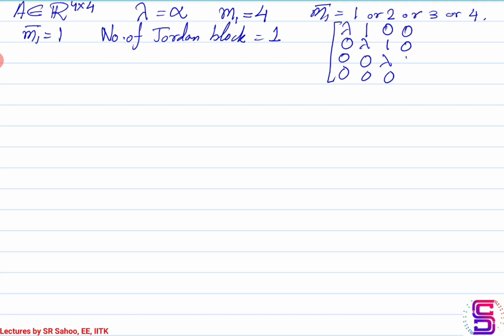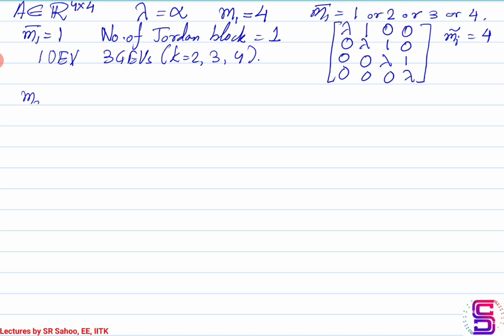One lambda 0 and 0 0 1 lambda. Jordan block would be of this form, indicating that the index is 4. Okay, so you have basically 1 OEV and 3 GEVs. The grades are 2, 3 and 4.